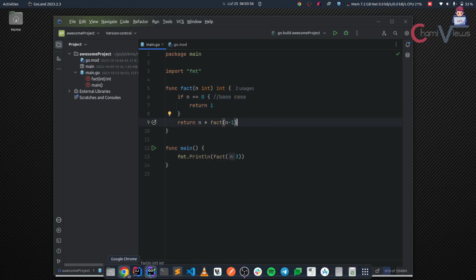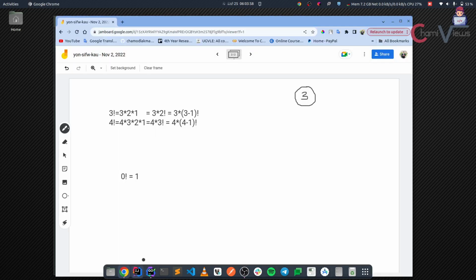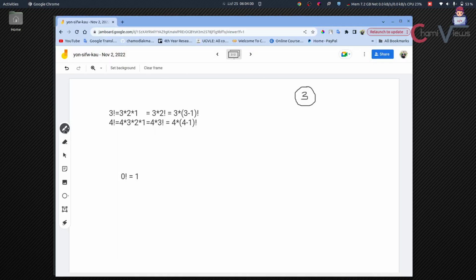It returns 3 multiplied by factorial of (3 minus 1).